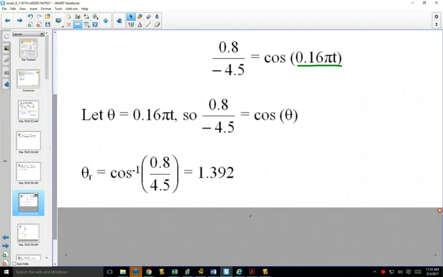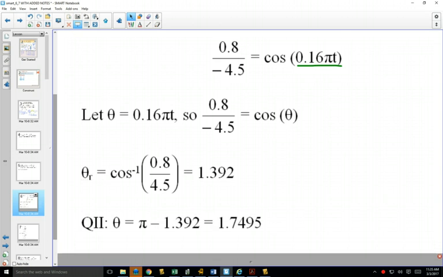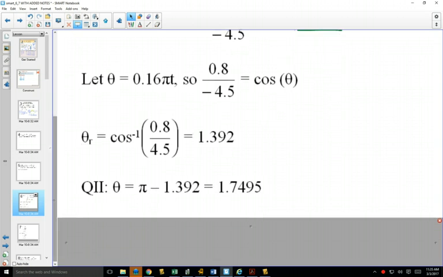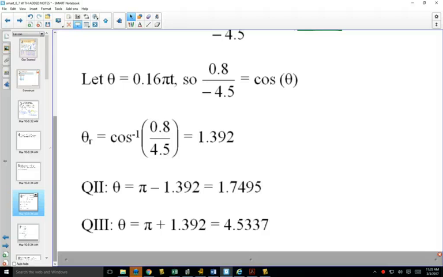And since we're dealing in radians, our reference angle becomes 1.39. Then we'll be able to say in quadrant 2, it would be pi minus our reference angle. In quadrant 3, it would be pi plus our reference angle. So we were able to solve for theta. Theta's either 1.7 or theta's 4.5.